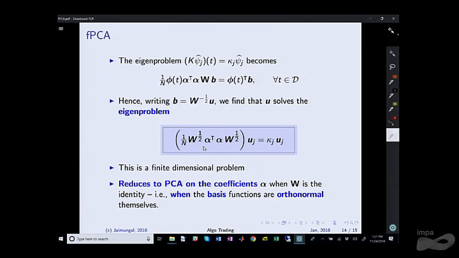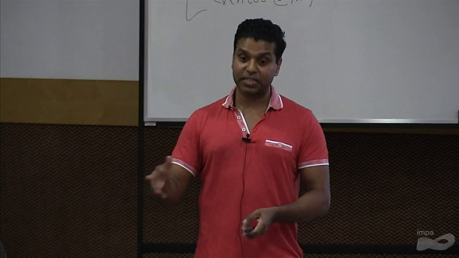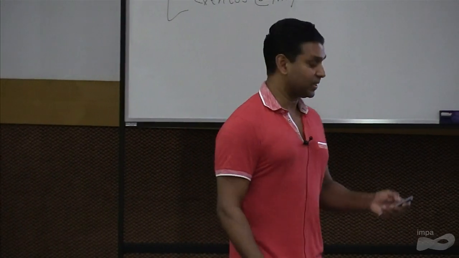We found how to write the eigenfunctions in terms of those same bases requires you to solve this problem. That problem, if those initial bases were themselves orthonormal, turns out to be: project your data onto these basis functions. Now take those coefficients and do a principal component analysis on it, which is kind of nice.